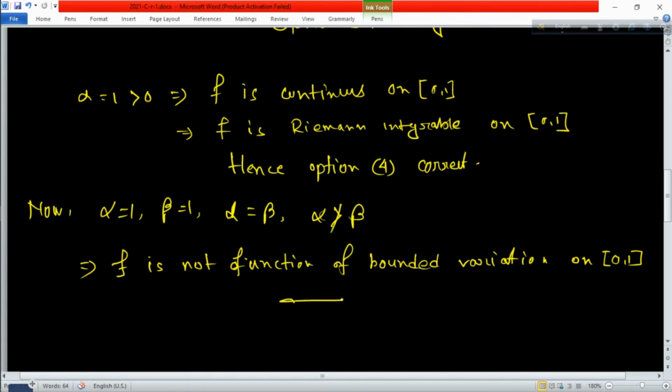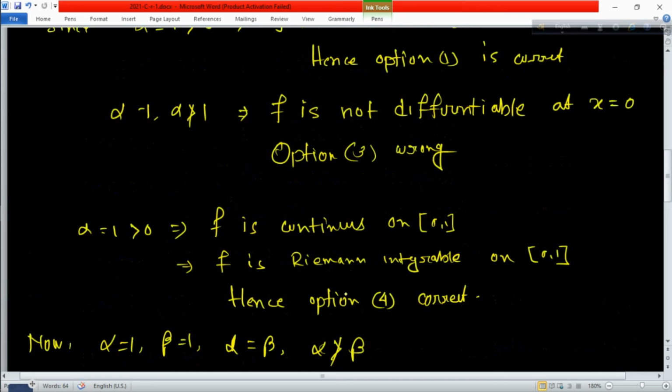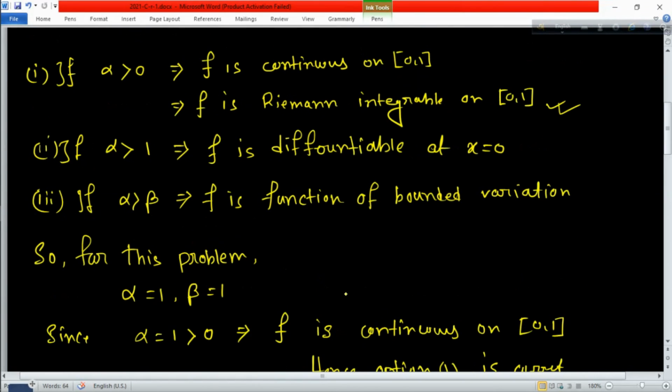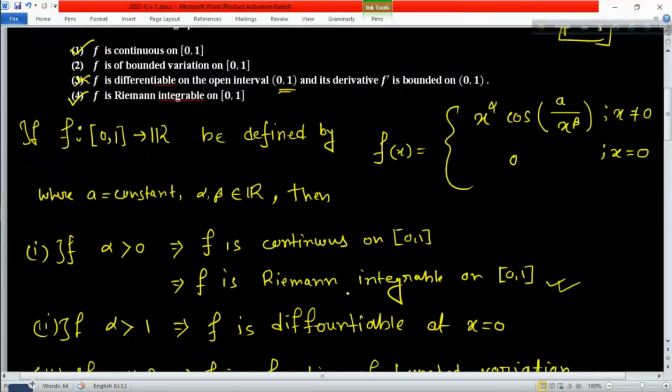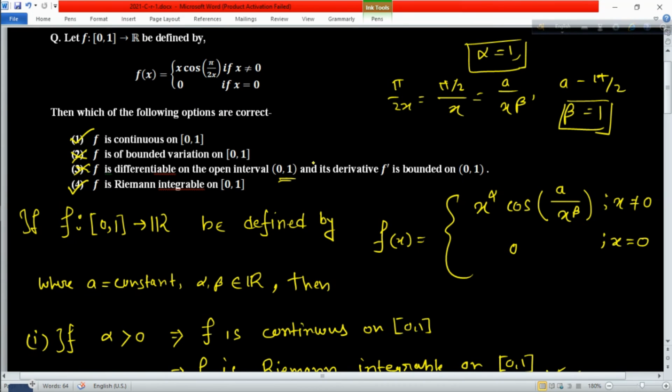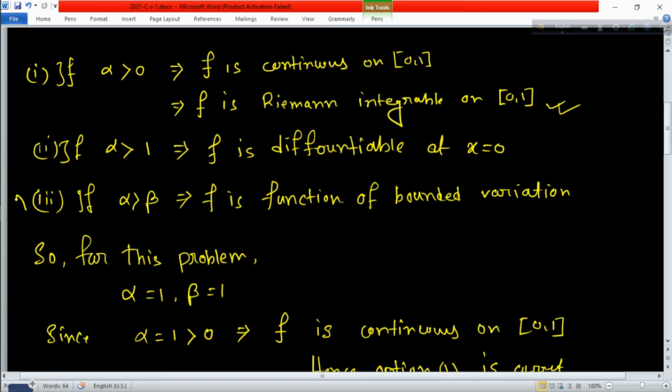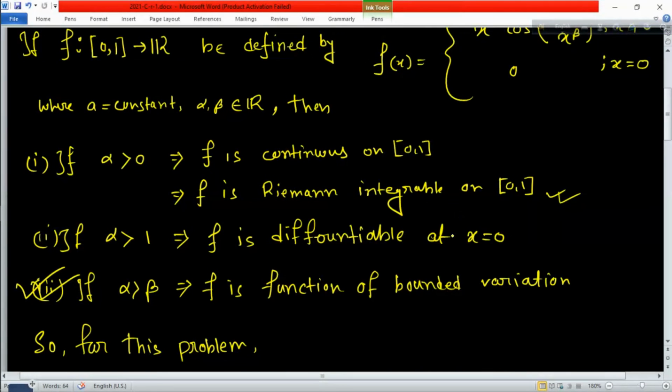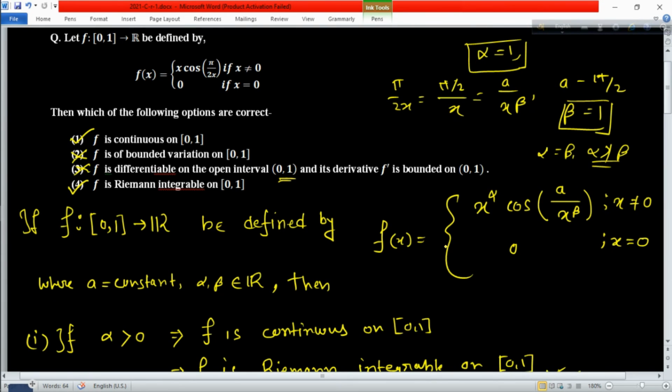Hence option 2, which says f is of bounded variation, is wrong, because here alpha equals to beta and the condition alpha greater than beta does not hold. So f is not a function of bounded variation. This was the problem. Thanks for watching.